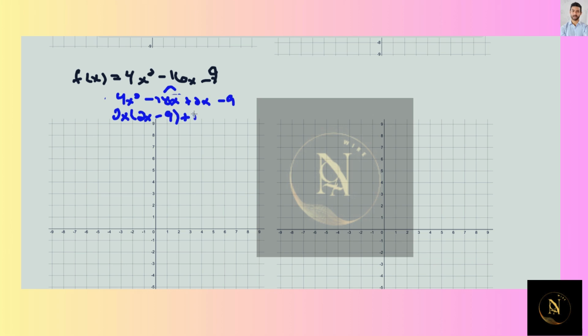And then we can take out a 1, left with 2x minus 9. So in factored form, this is (2x minus 9) times (2x plus 1), which would mean, by the zero factor theorem, that 2x minus 9 equals 0, or 9 halves, which is 4.5, would be a zero, and 2x plus 1 equals 0, or negative 1 half.